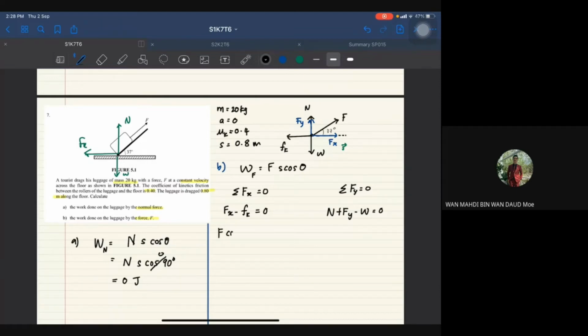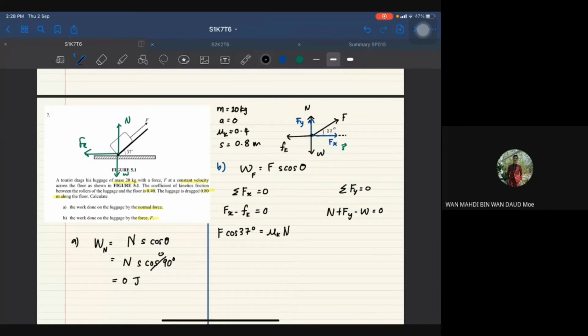Fx over here, if you want to resolve from F, you go through the angle, so it will be F cos 37. I bring the Fk to the right hand side and write down the formula for Fk, which is mu k times N, and I do have the mu k.